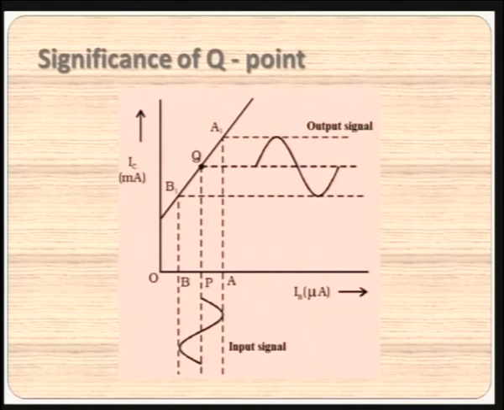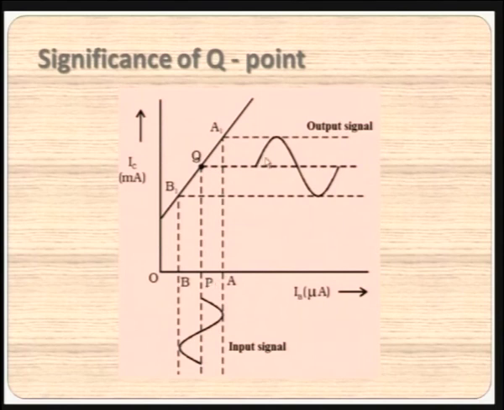This is how the Q point will decide the output signal. See here, in the x-axis we have taken the input current and in the y-axis we have taken the output current. It is not a voltage-current graph, it is the current versus current graph, input current and output current. When the input current is given as a varying one with respect to the Q point, the output current is also varying with respect to the Q point again.